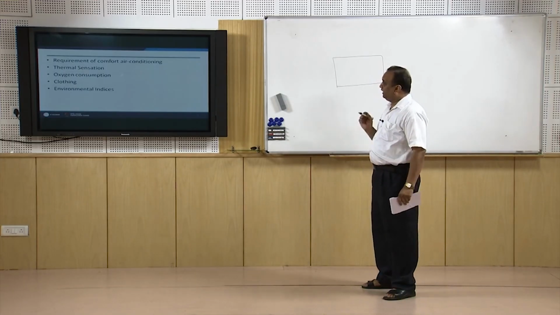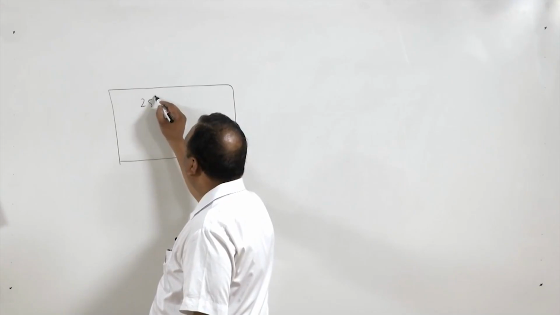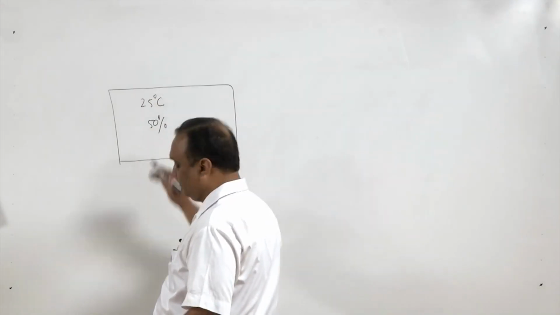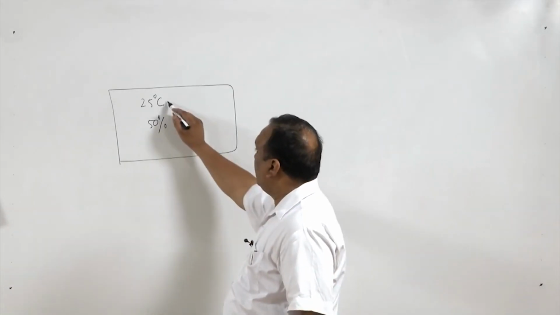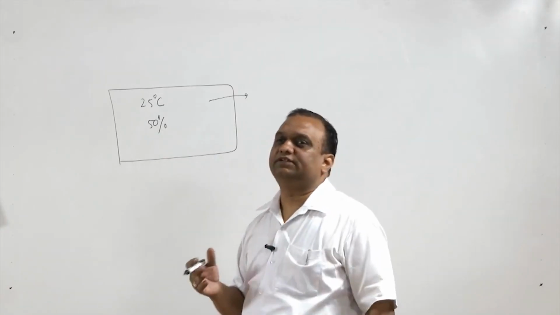Now, in this environment, ideally the temperature has to be 25 degrees centigrade and relative humidity of the order of 50%. But outside in the world it does not happen. So you have some thermal sensations.